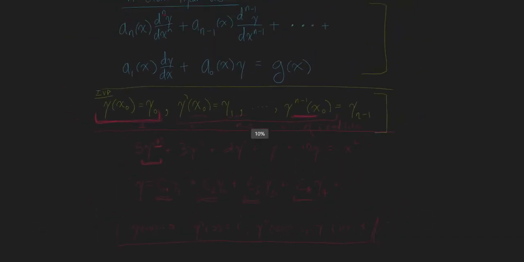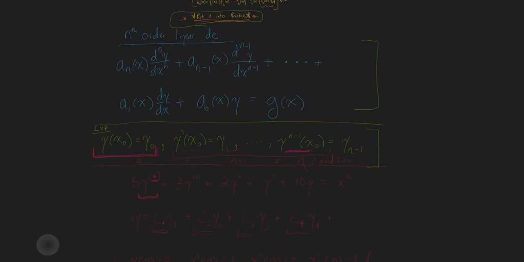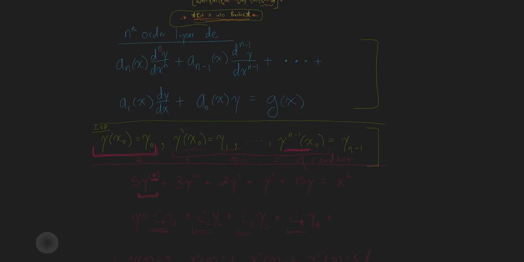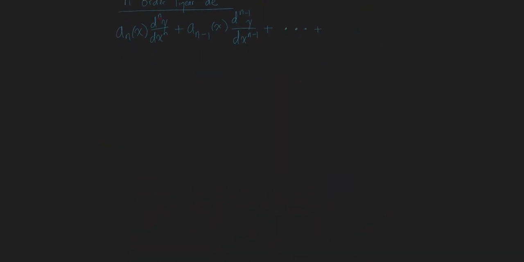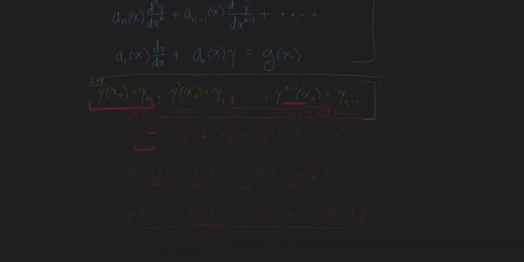So the theorem that we can use from all of this, so knowing what an nth order linear differential equation looks like and knowing that we're subscribed to some set of initial conditions, then what we can know from all of this is that if, and let me zoom in a little bit more, so if all of our coefficient functions, so a sub n of x, and then a sub n minus 1 of x, and on, all the way down to a sub 1 of x, and a sub 0 of x, and lastly, g of x.